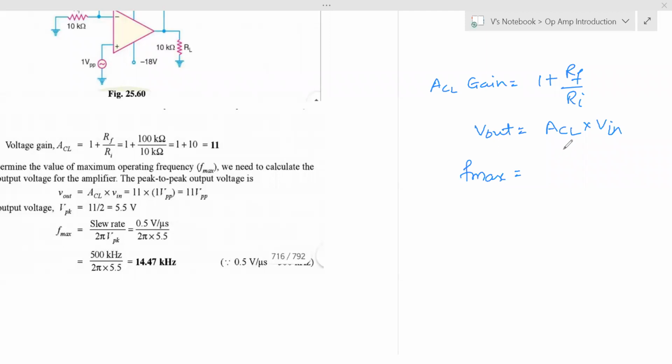F max में आपको आउटपुट पीक टू पीक की जरूरत होती है, राइट. सो स्लीव रेट डिवाइडेड बाय 2 पाई वी पीक. सो वी पीक कैसे कैलकुलेट करेंगे? वी आउटपुट पीक टू पीक निकालना पड़ेगा, राइट. सो दैट विल बी दिस वन, और उसको डिवाइड बाय 2 करना. सो दिस 3-4 formulas you have to remember.